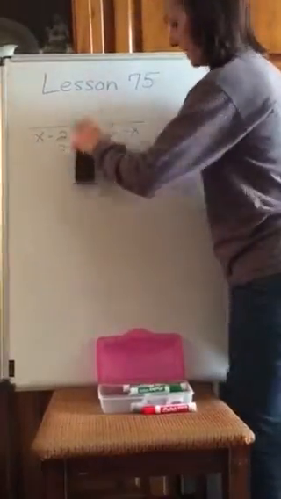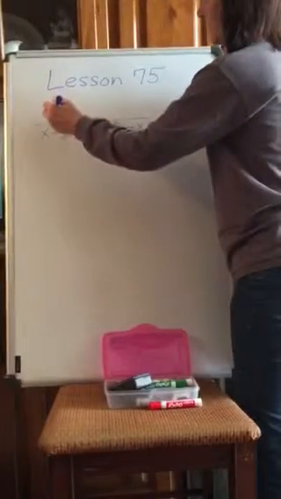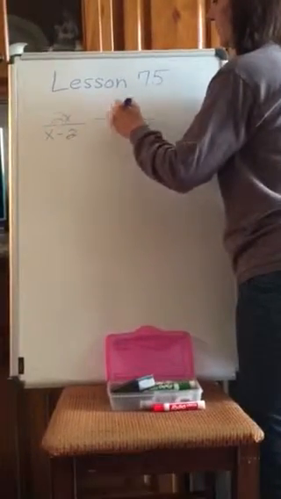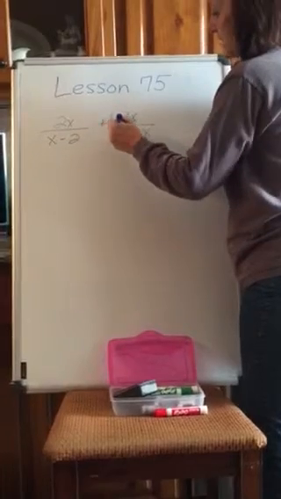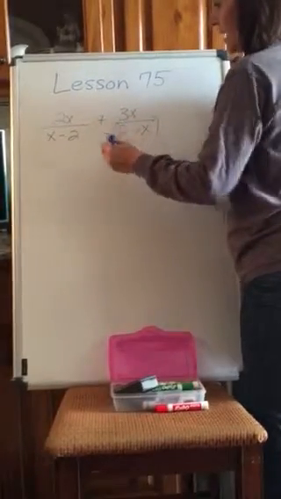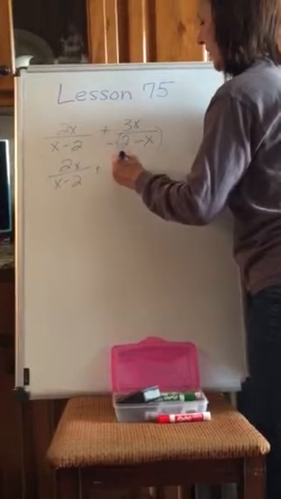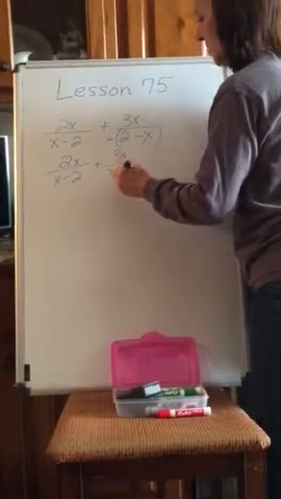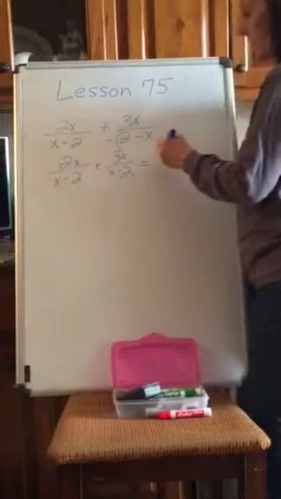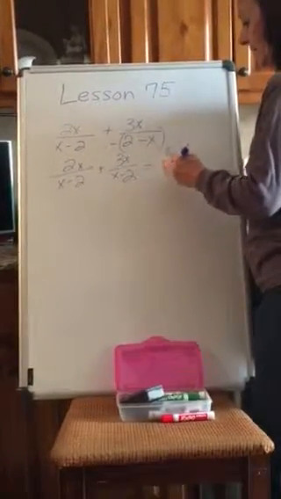Let's make this minus. If this were minus and this were 2x, 3x, I could change this sign and this sign, and I'd have 2x over x minus 2 plus 3x over x minus 2. I could combine my numerators and have 5x over x minus 2.